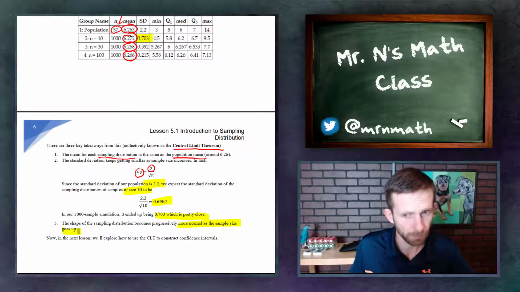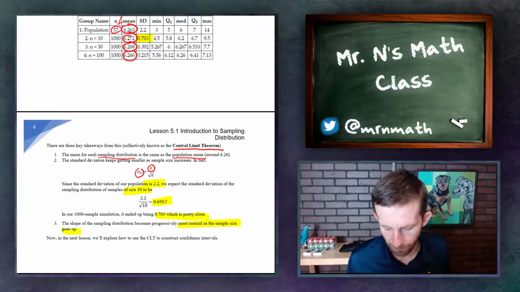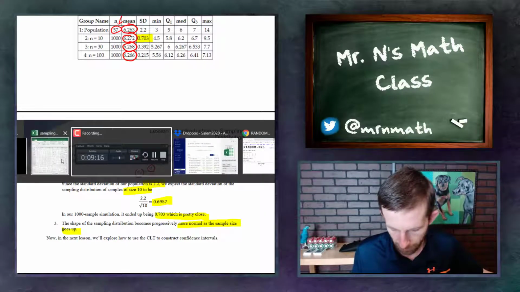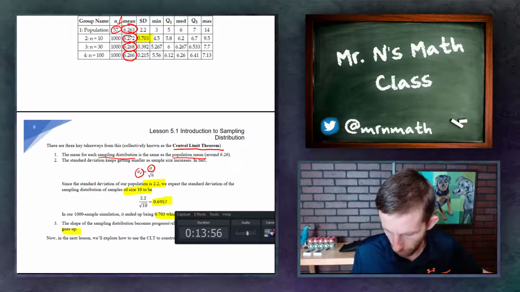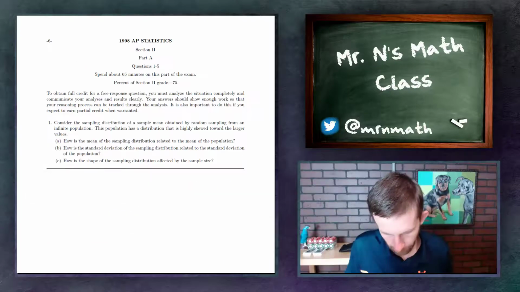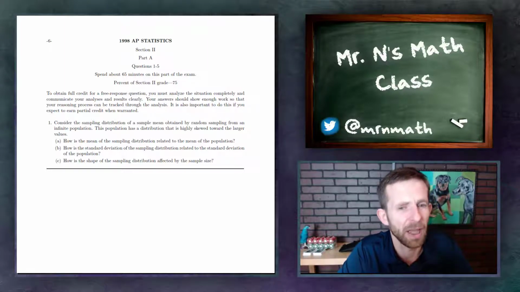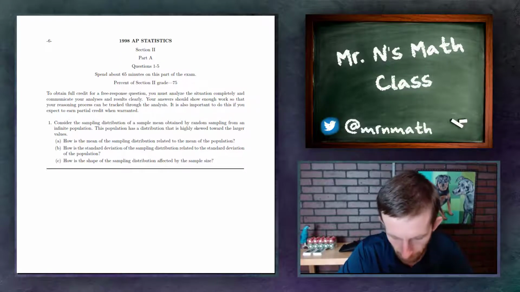So that's this idea. Let me pause this and bring up one other key thing. Here is the FRQ problem from 1998. I think this is actually the very first question on the very first AP Stat exam.